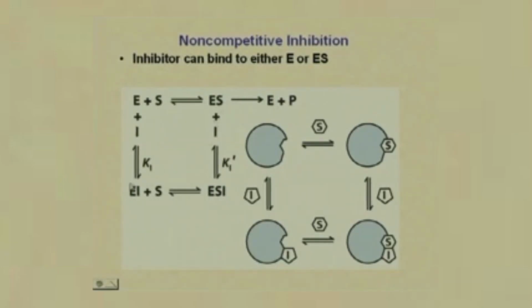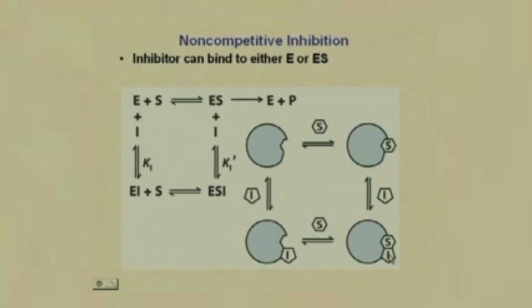So neither will the EI complex give you the product, nor will the ESI complex give you the product. It is only the ES that is going to give you the product. Okay? So we only have this complex that is going to give us the product. This is not going to give the product. This is definitely not going to give the product.